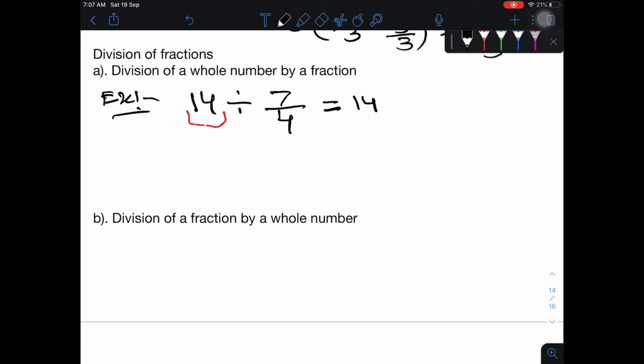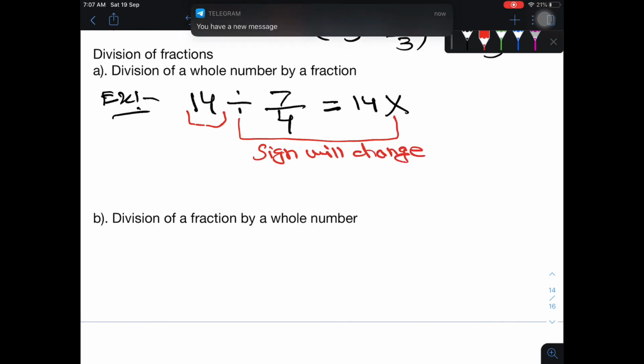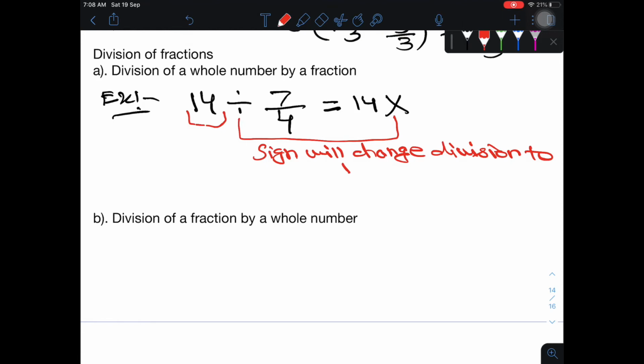Write the reciprocal of the divisor, and the sign will change from division to multiplication.